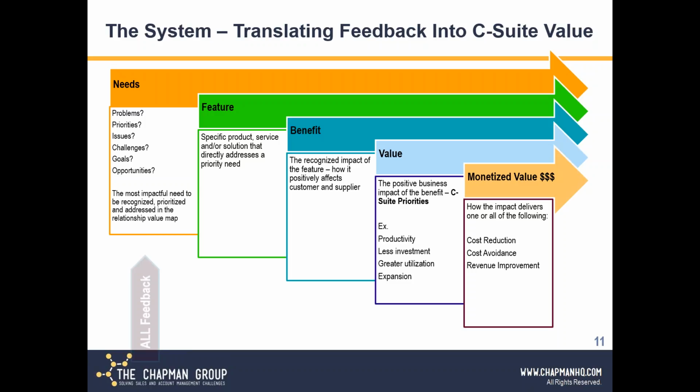The change here is that what we want to now do is use our feedback to validate what the specific needs, opportunities, issues, challenges are within our customer, so that as a team we can translate it into what feature, by the way, feature is quite often a product or solution, how that product or solution or organization in some cases can benefit the customer, and what value it has to this customer.